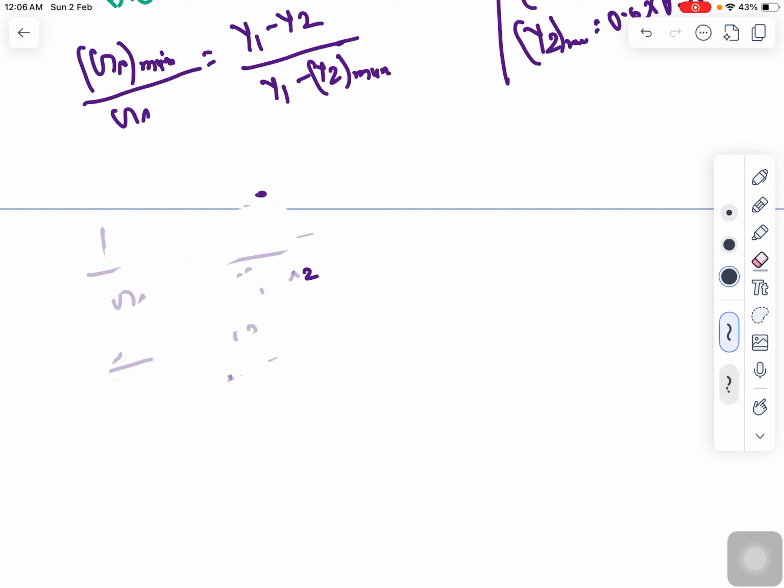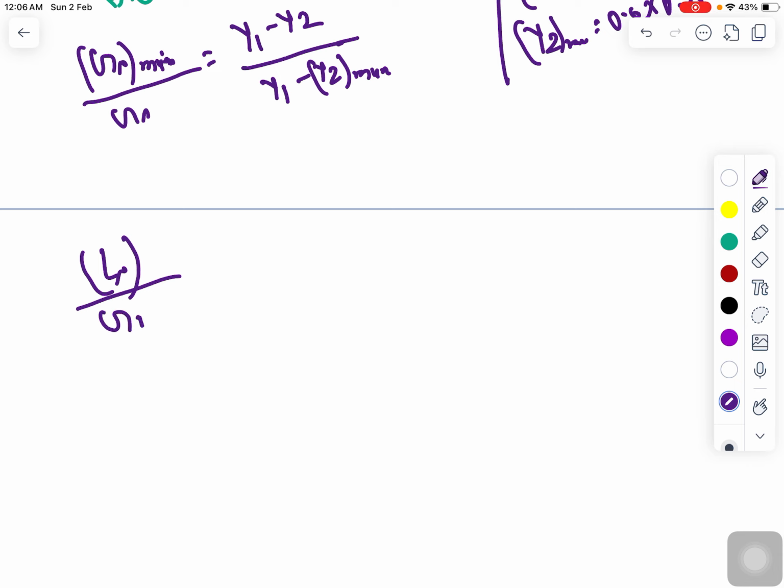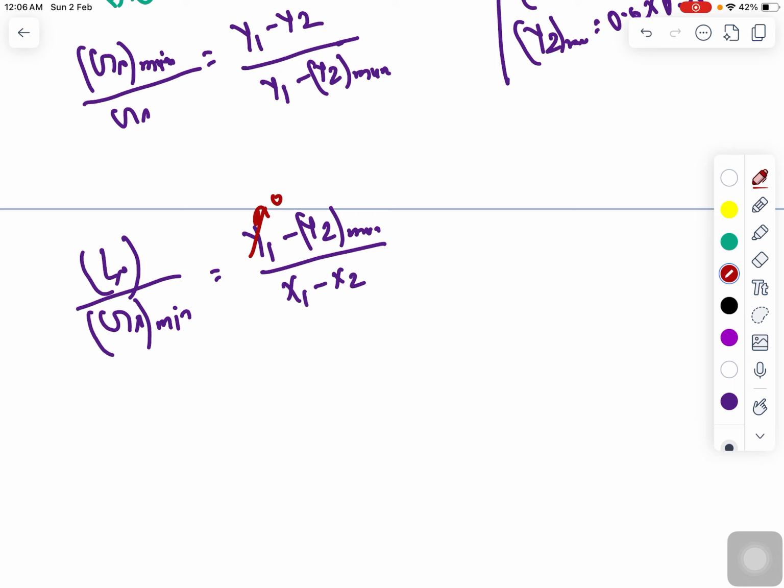Or directly I can substitute these things. Ls divided by Gs minimum is equal to y1 minus y2 max divided by x1 minus x2. That's it. Is that clear? y1 is 0 and y2 max, we have calculated, is 0.6 multiplied with 0.25.